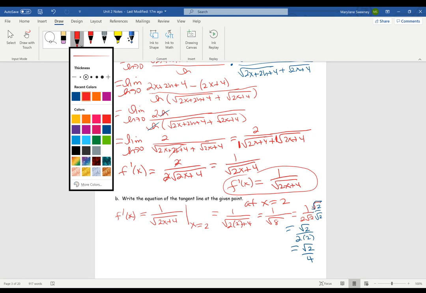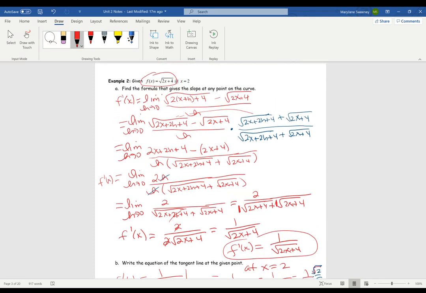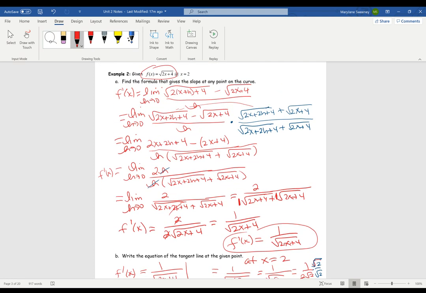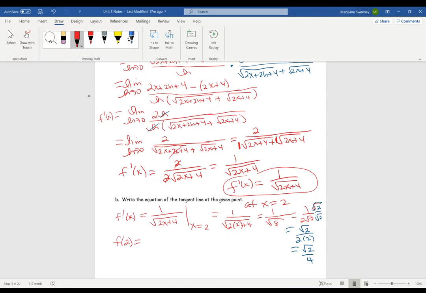The other thing I need to know here is what is the y coordinate? So I have to do f of 2. When you want to know the y coordinate when x is 2, you plug 2 into the original equation. So if you go back and look at the original equation, it was radical 2x plus 4. So let me first put what f of x is.